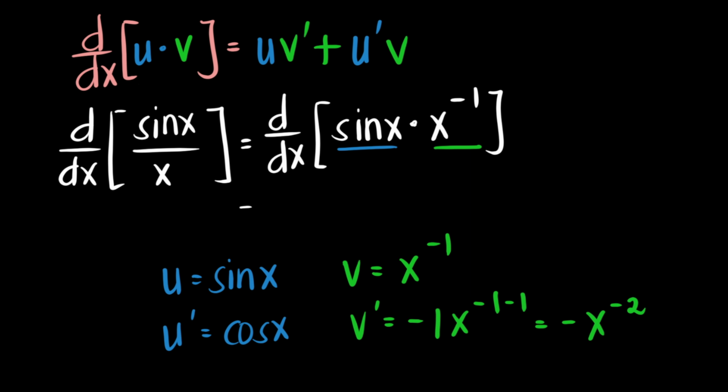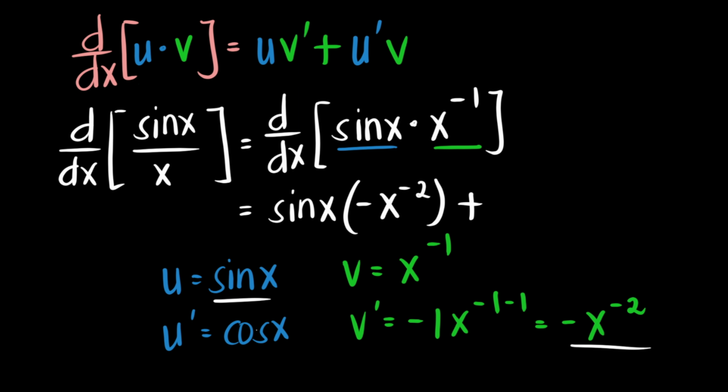Let's plug in these functions into the formula. We have u, which is sin x, times v prime, which is negative x to the power negative 2, plus u prime, which is cosine x, times v, which is x to the power negative 1.